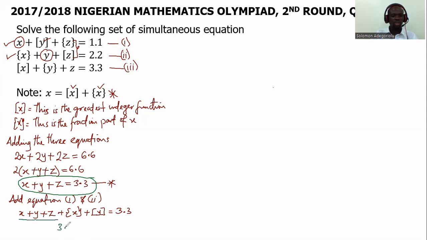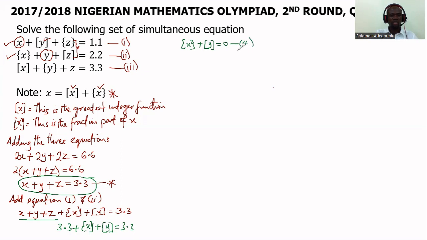That would be 3.3 plus the fraction part of x and plus the greatest integer of y, which is equal to 3.3. If you subtract 3.3 from both sides, we'll have the fraction part of x plus the greatest integer of y equal to 0. Let's label this equation 4.